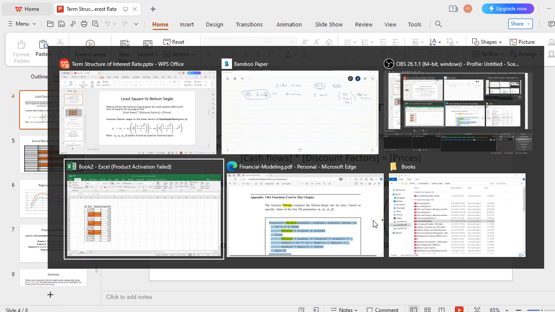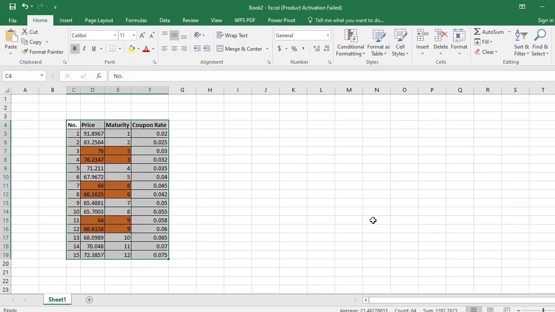So coming straight to the problem and solving it, how can we do this? We can see here that we have 15 bonds with maturities. These bonds have the same maturity with different coupon rates, and obviously different prices.